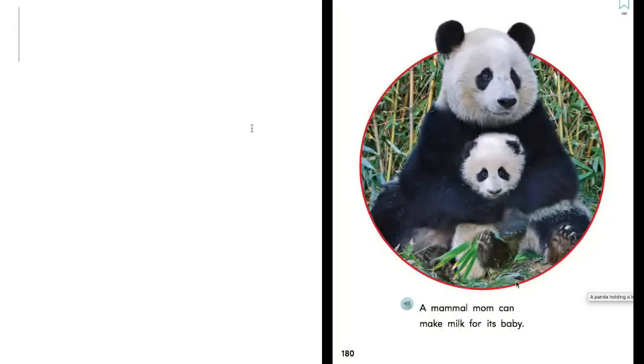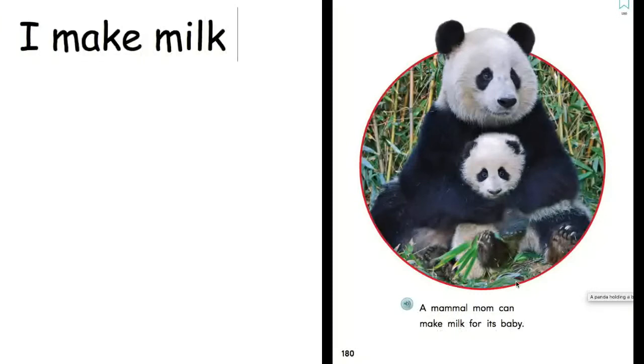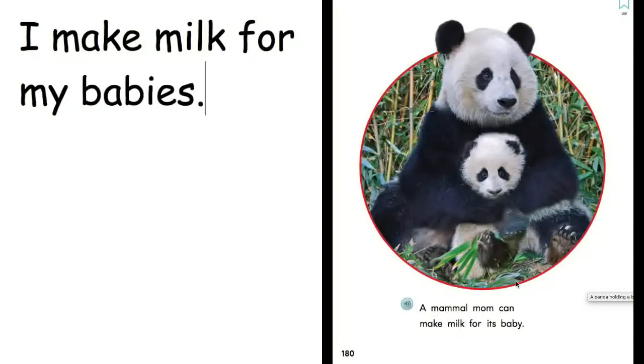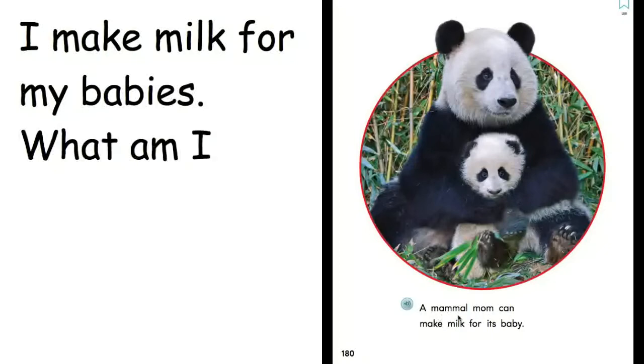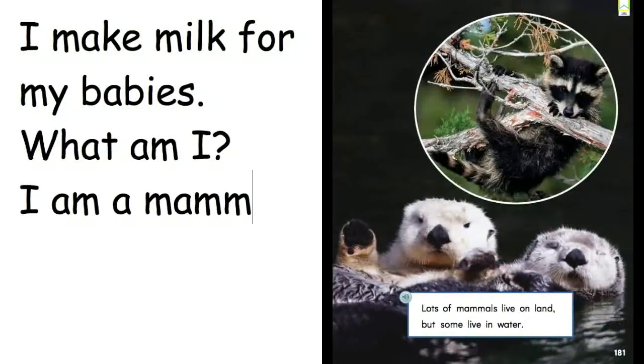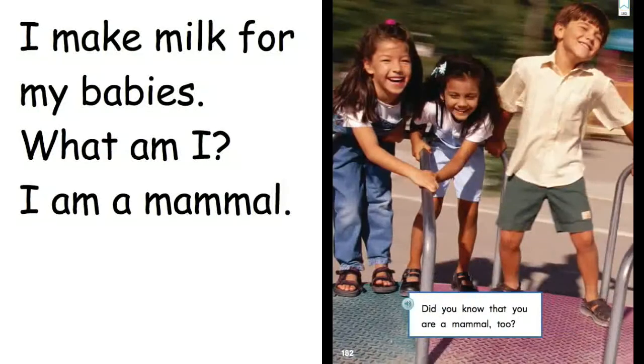So if we wrote a riddle for someone, we could say, I make milk for my babies. What am I? And you would guess, a mammal. Yes, I am a mammal. That's great. And we know that we are mammals too.